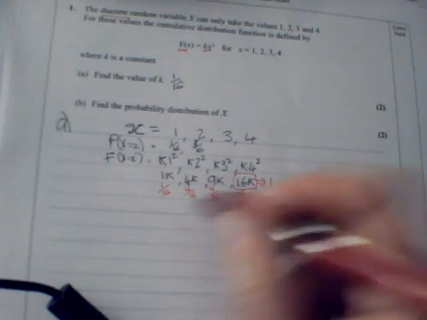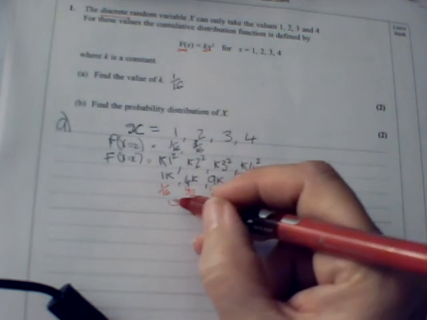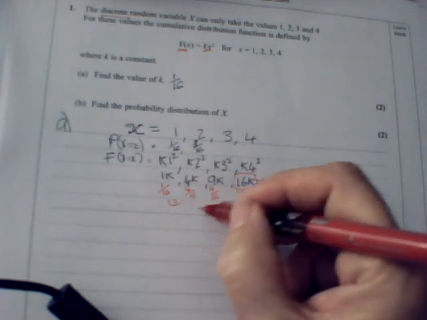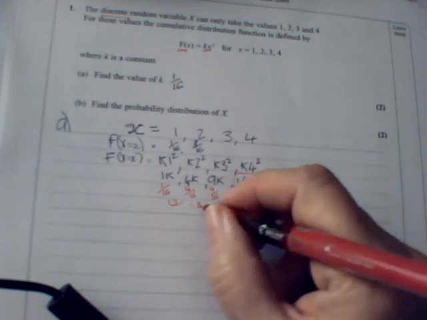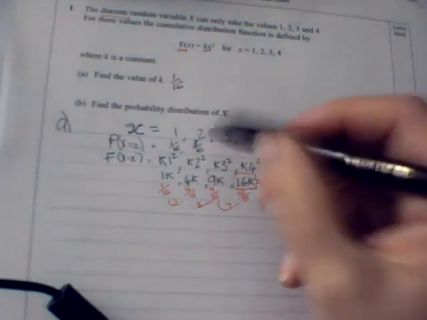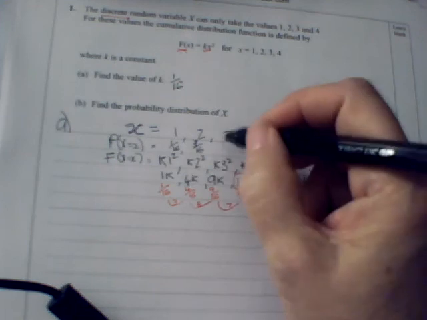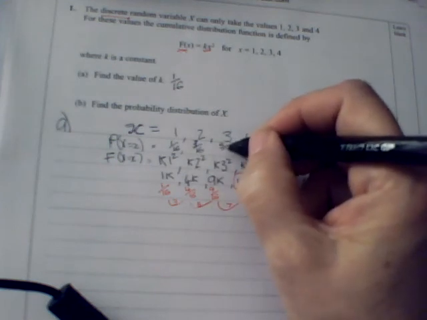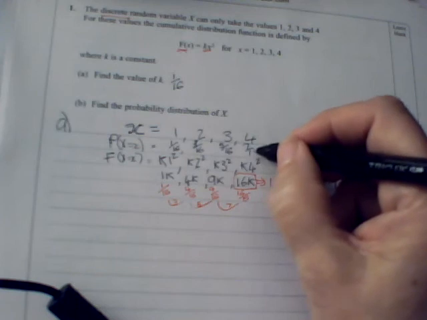Because these are adding up as we're going along, we've got to work out the difference, haven't we? So that's 3 there, that's 5 there, and here it's 7. So we've got 1 over 16, 3 over 16, 5 over 16, and finally 7 over 16.